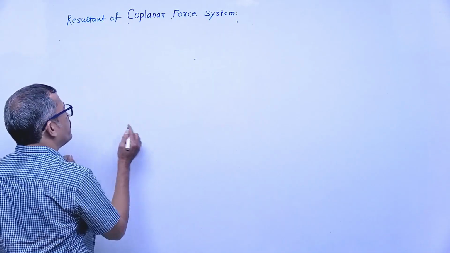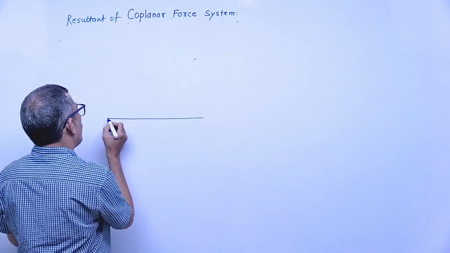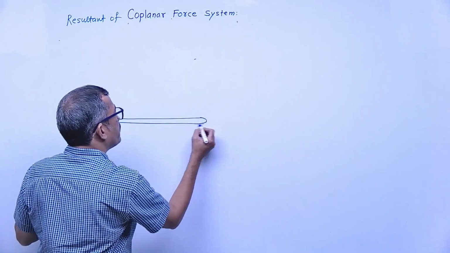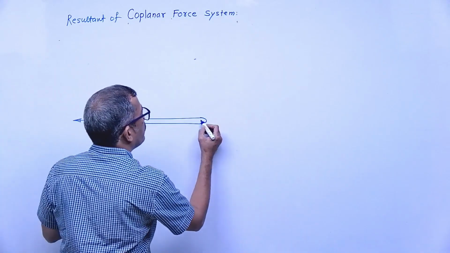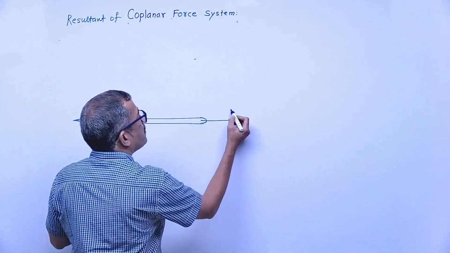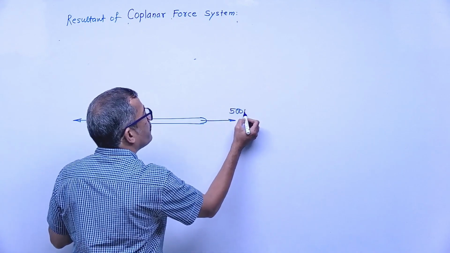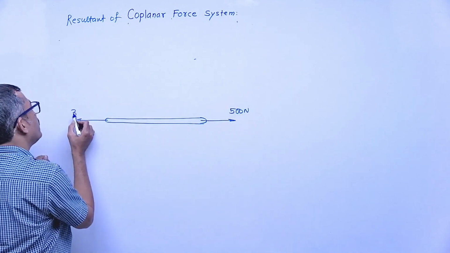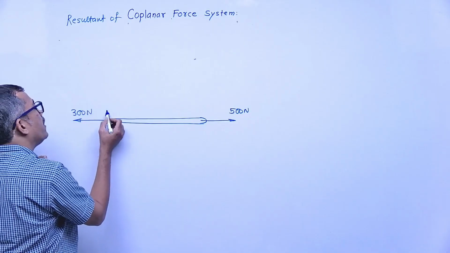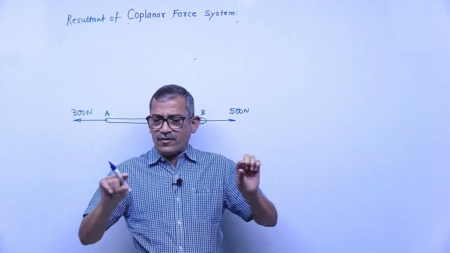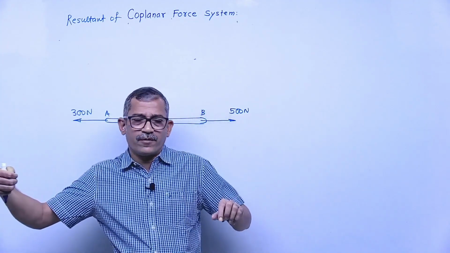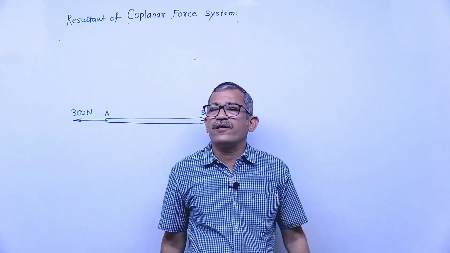For example, say this is a rod. I will take a simple example here. One force is acting like this, one force is acting like this. This is 500 Newton and this is 300 Newton, end A and end B. Suppose there is a rod, one boy is applying force in the leftward direction, one boy is applying force in the rightward direction.